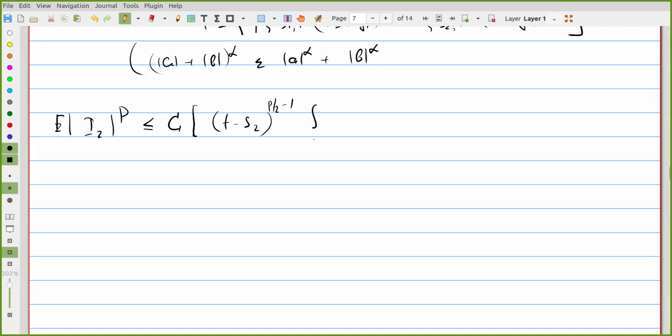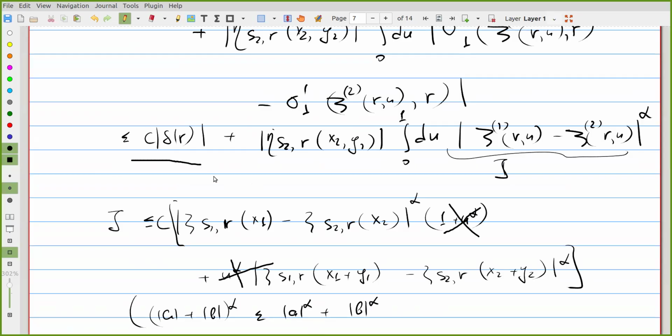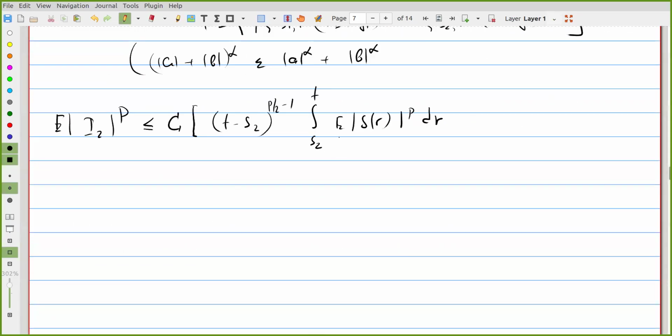By doing the same Holder or Jensen inequality, we should eventually arrive at ETR. This is for this part. Again, this is bounded by step 1. So this is just to this power, which is more or less exactly what we want.